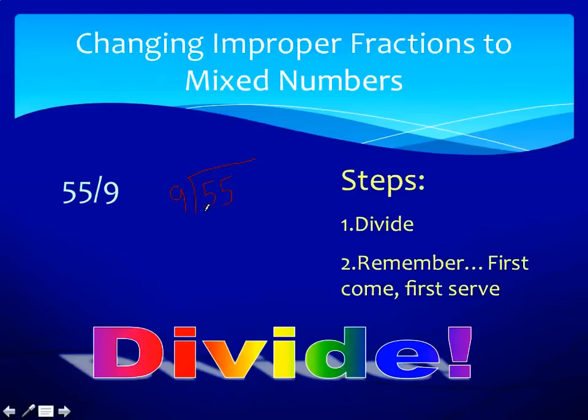And now I would simply divide my numbers. So 9 into 55, I know will go 6 times, going through my 9 times tables, and 9 times 6 is 54.